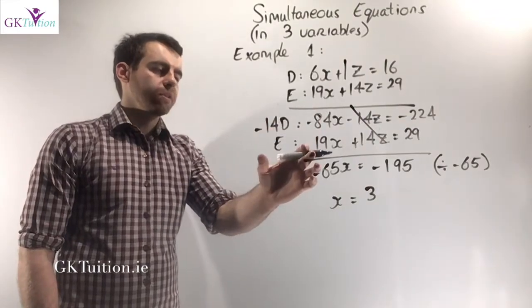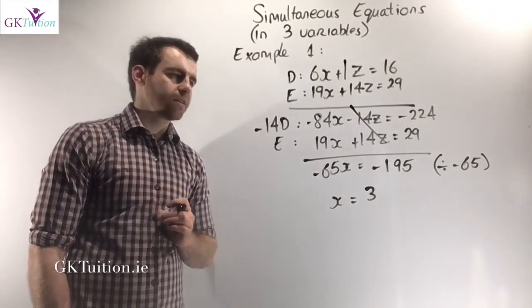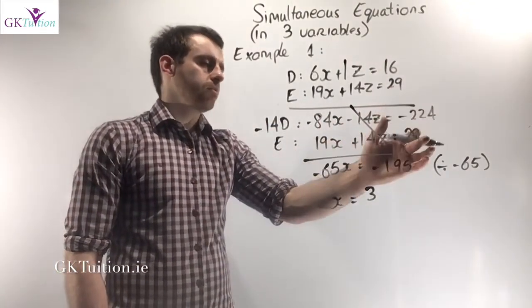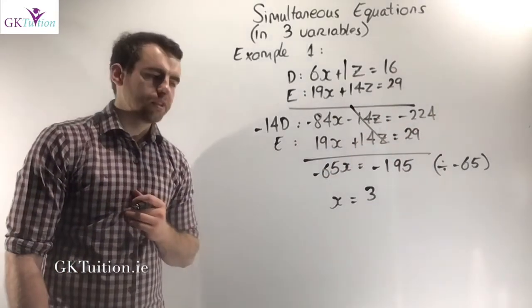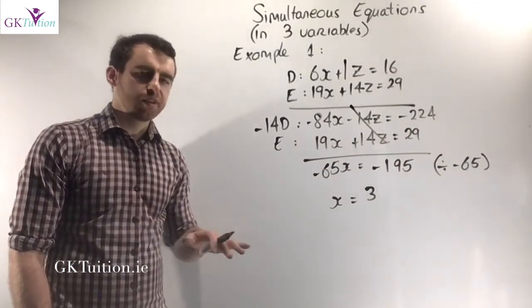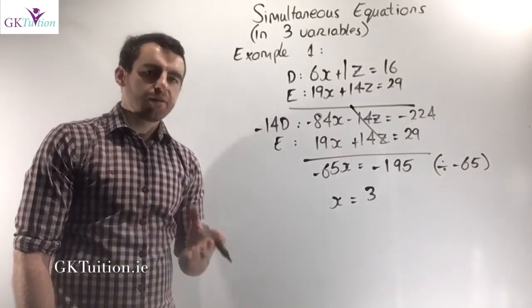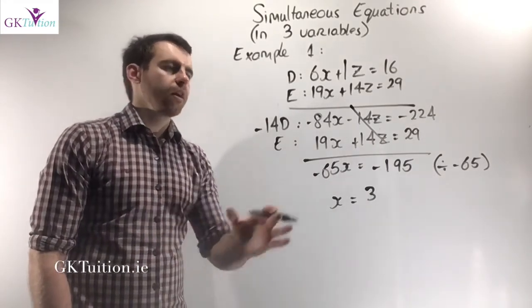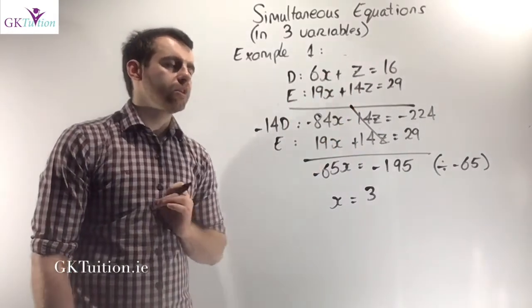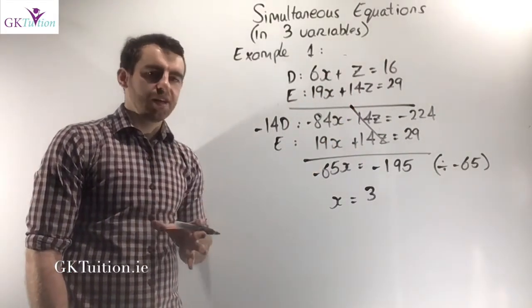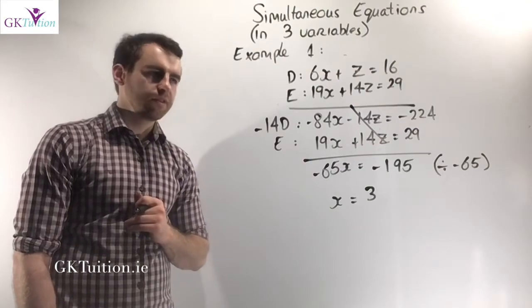Minus 84x plus 19x is minus 65x. Minus 224 plus 29 is minus 195. Divide both sides by minus 65 and you get x equals 3. Now that I have a value for x, I can sub into either equation D or equation E in order to find a corresponding value for z.